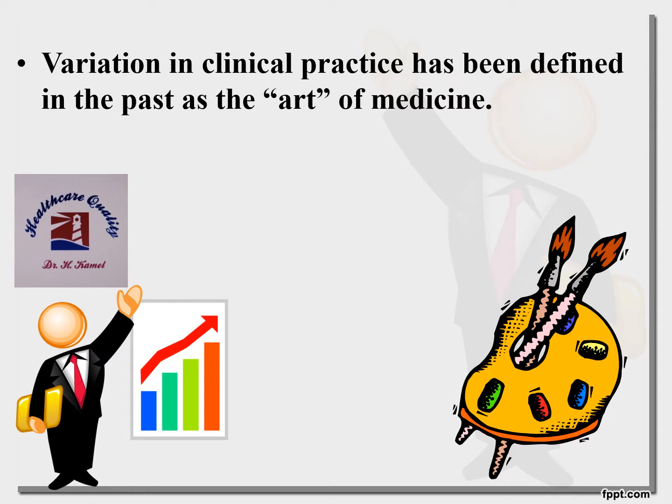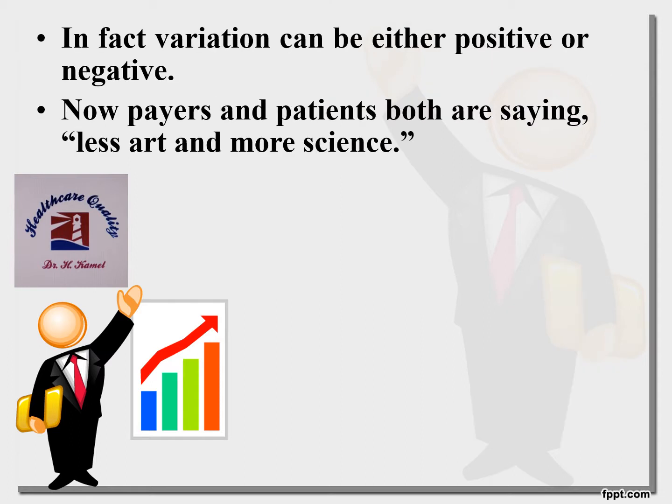Variation in clinical practice has been defined in the past as the art of medicine. In fact, variation can be either positive or negative. Now payers and patients both are saying less art and more science.